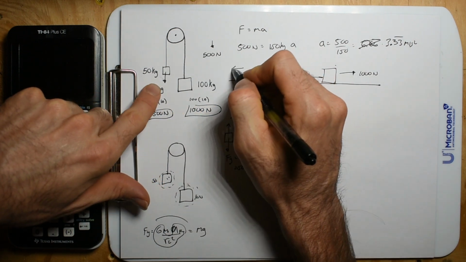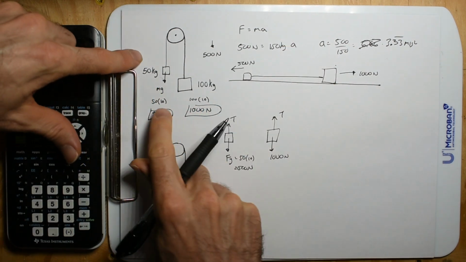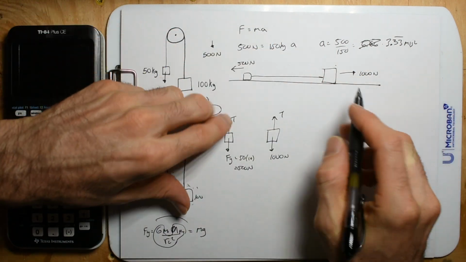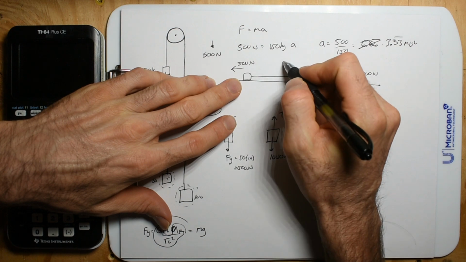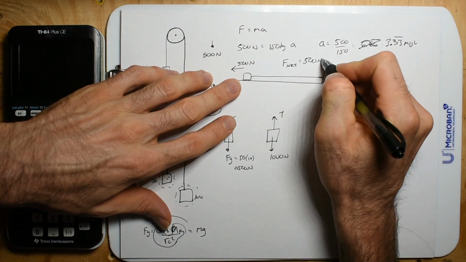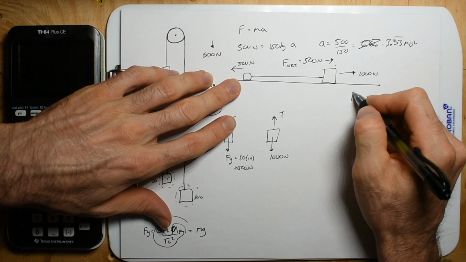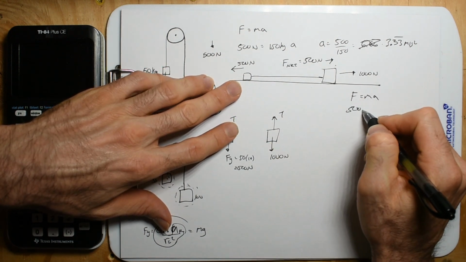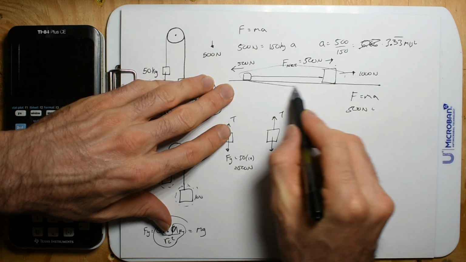Then you would put this force this way of 500 newtons, because it's going in the opposite direction. We stretched it out, and now it makes a lot more sense, because we have that net force of 500 newtons going that way, and we can use our F equals ma. Even here, it's way easier to see that we have 500 newtons on this total mass.